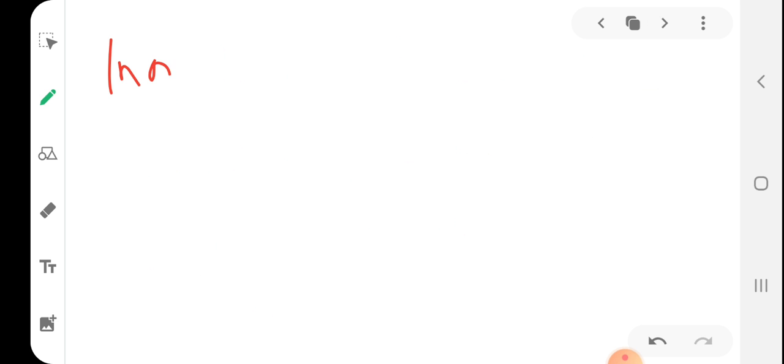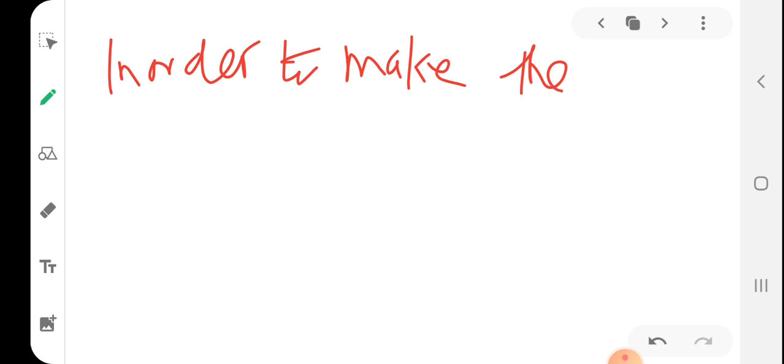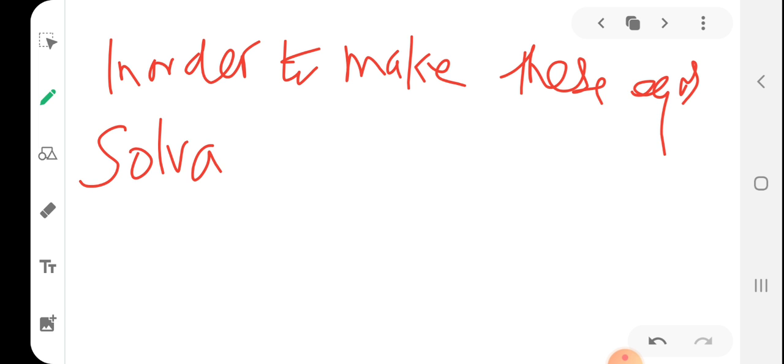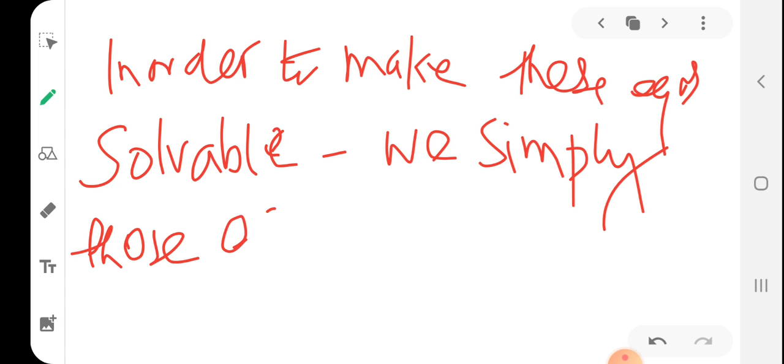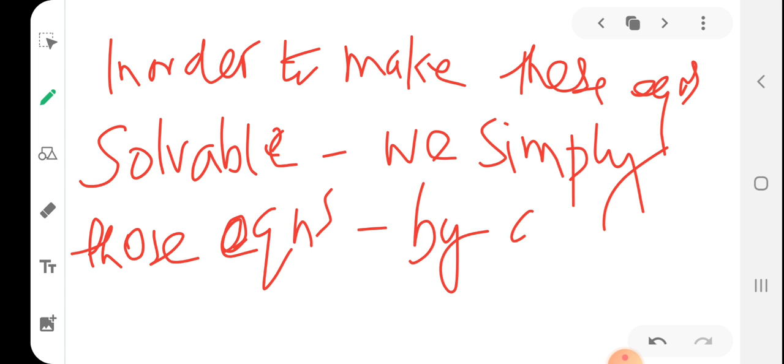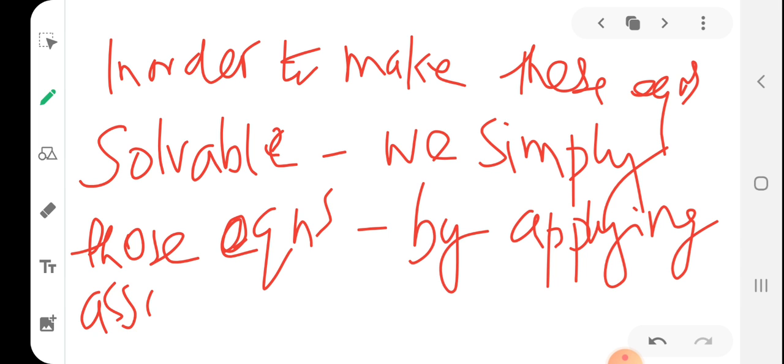So in order to make these equations solvable, we simplify them by applying assumptions. What are the assumptions we apply?